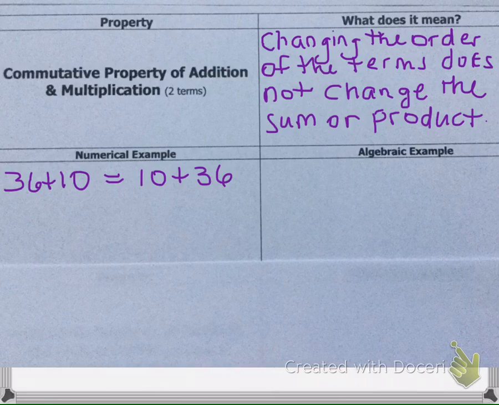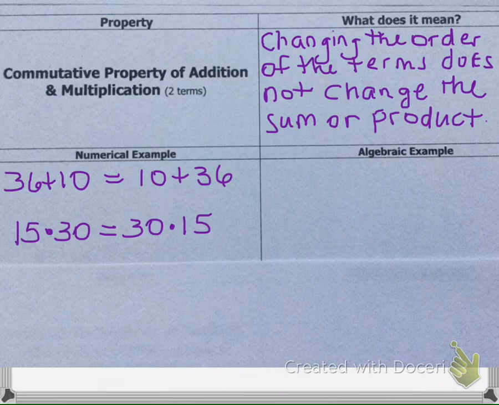Okay, and then for multiplication, that was addition, obviously, commutative property of addition. This would be the commutative property of multiplication. 15 times 30 is the same thing as 30 times 15, okay? Doesn't matter which way you multiply that, you would still get 450.